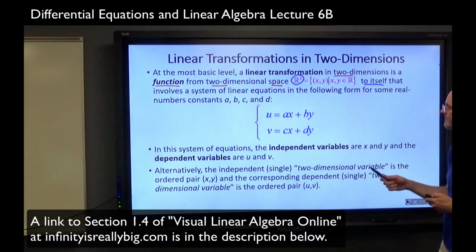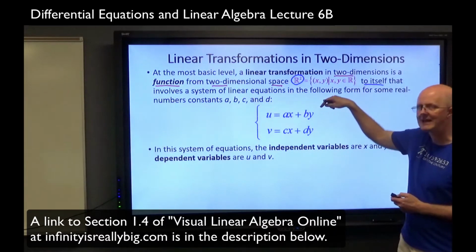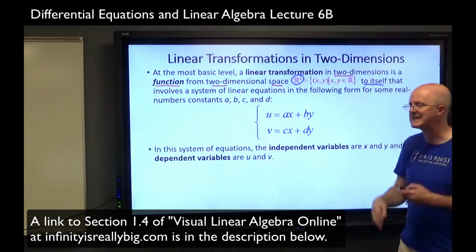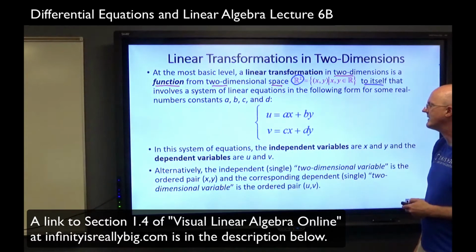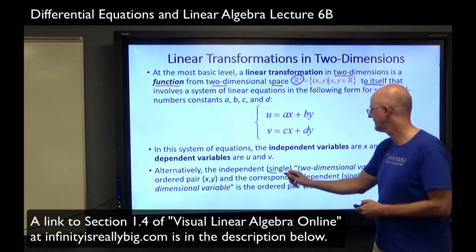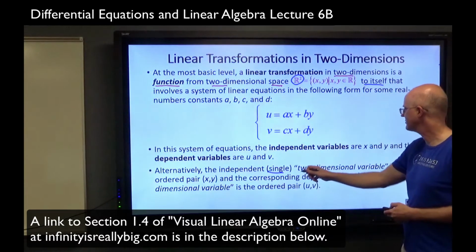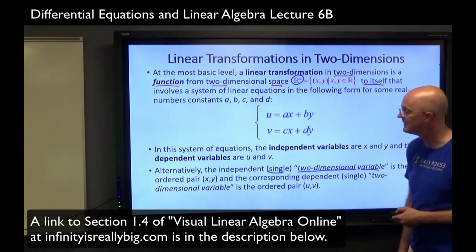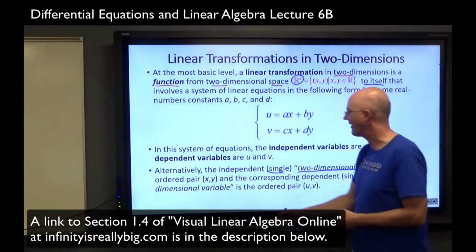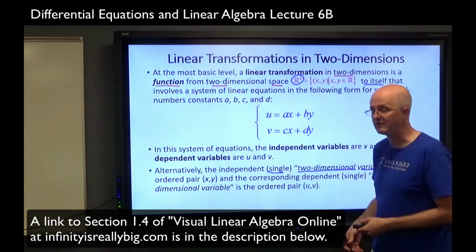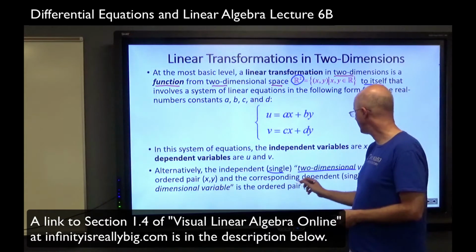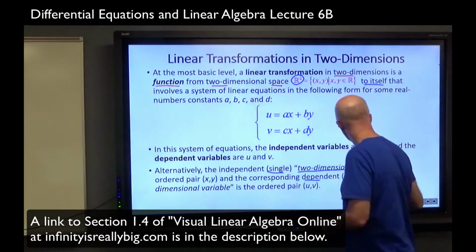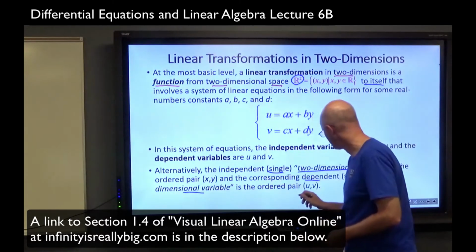Alternatively, instead of thinking of it as 2 independent variables and 2 dependent variables, we can sort of mash things together. We can think of a single independent 2-dimensional variable, x comma y. The ordered pair is the independent variable. And the corresponding dependent single 2-dimensional variable, the ordered pair u v.